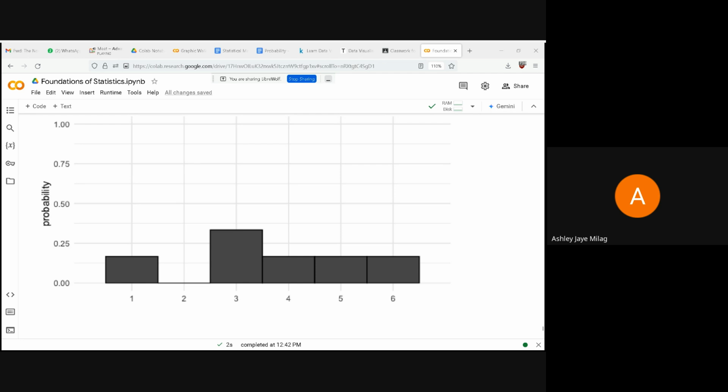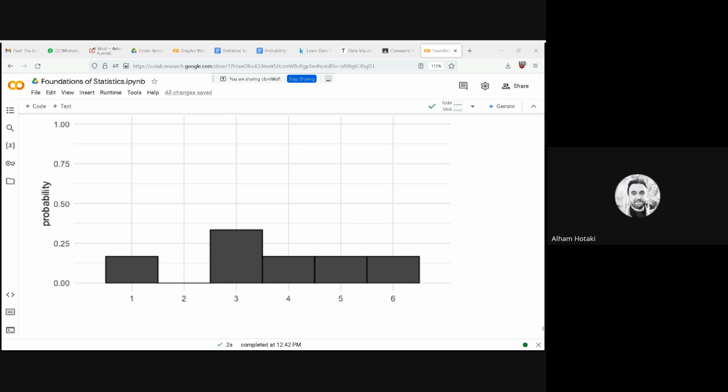It's going to be 1/6. 1 by 6 for number 1, and number 2 is 0 by 6, so that would be 1 by 6 plus 0 by 6.